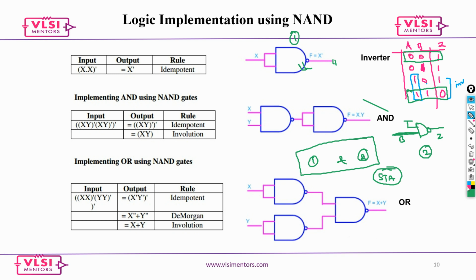Now moving on to the next one. This is the AND gate, using NAND, we are trying to realize the AND gate, and the same thing for the OR gate. Using only NAND gates, we are realizing the OR gates.